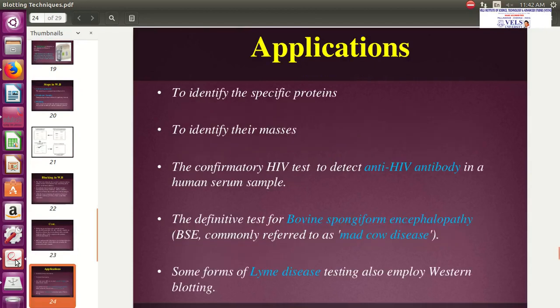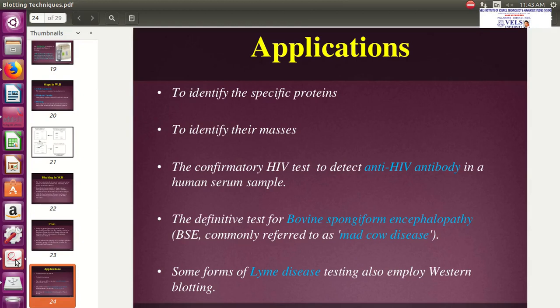Next one, applications. The application of Western blotting is to identify specific proteins based on their binding property with the antibody. It is also used to identify their masses, and another application is the confirmation of the HIV test, to detect anti-HIV antibody in a human serum sample.